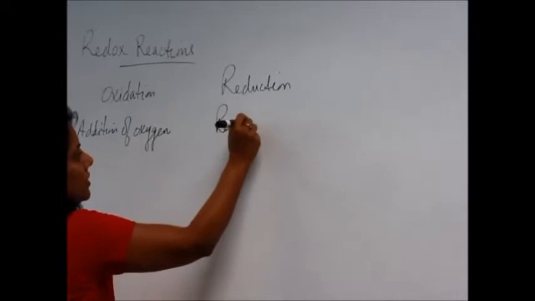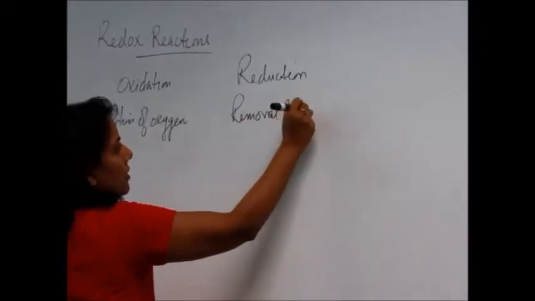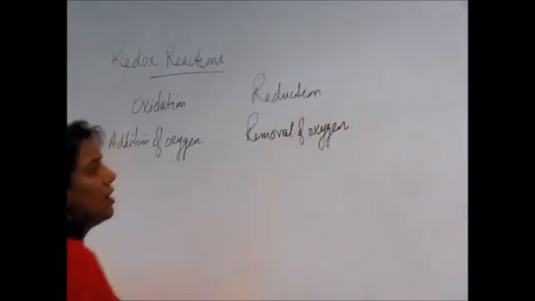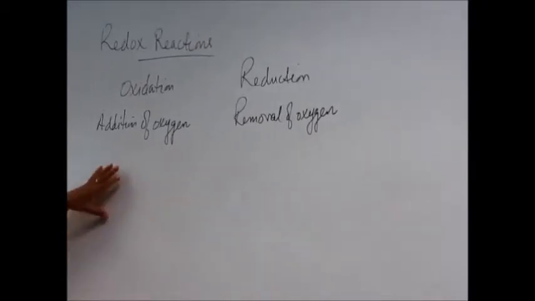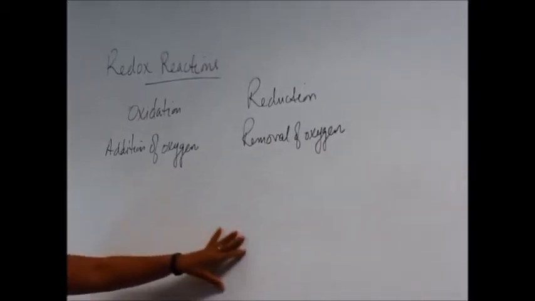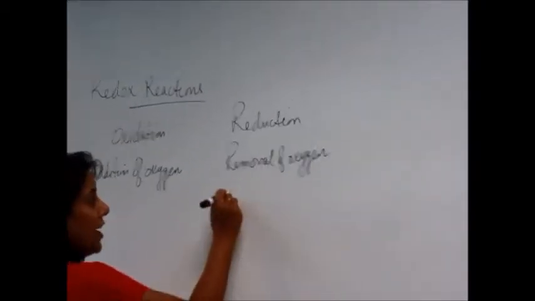So first, very simple one, oxidation is addition of oxygen. Which means reduction is then removal of oxygen. Reduction is addition of hydrogen.